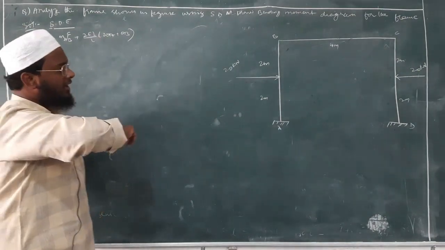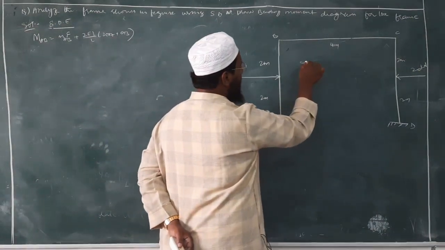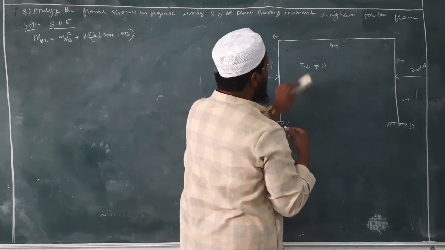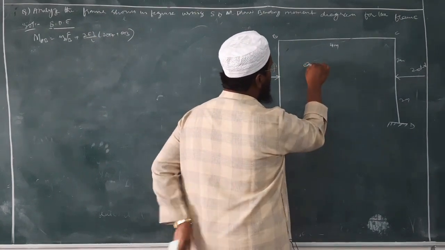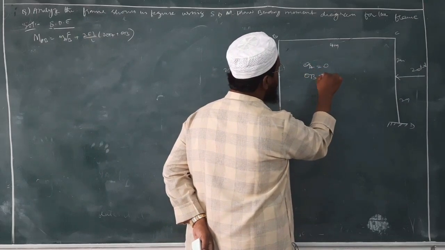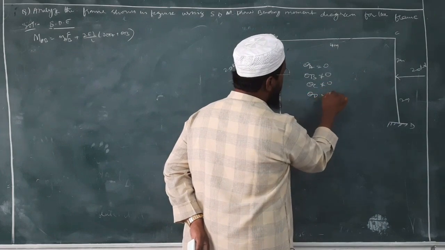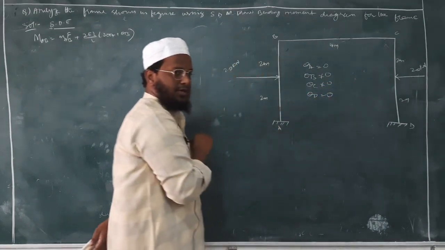So what about theta here? Can you tell me what is theta A? Theta A is equal to 0. What about theta B? Not equal to 0. Theta C not equal to 0. Theta D is equal to 0. Right?